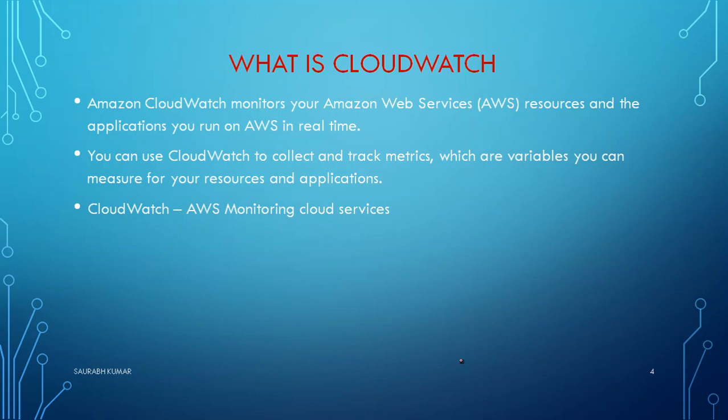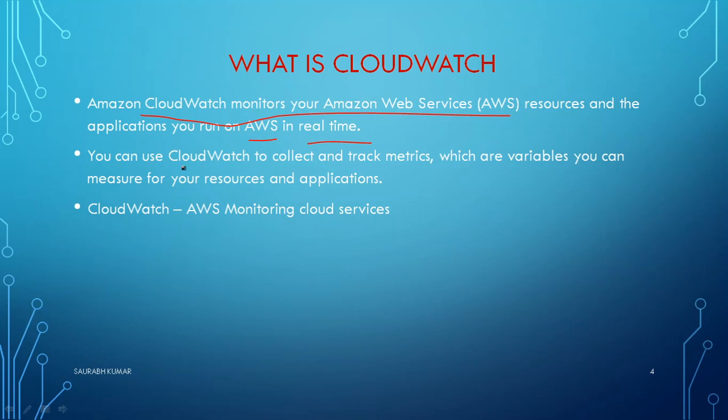CloudWatch is a service offered by AWS. Here you see that Amazon CloudWatch monitors your Amazon Web Services resources and the applications you run on AWS in real time. So what does it do? CloudWatch is a monitoring service which monitors any resource you are running on Amazon Web Services in real time.